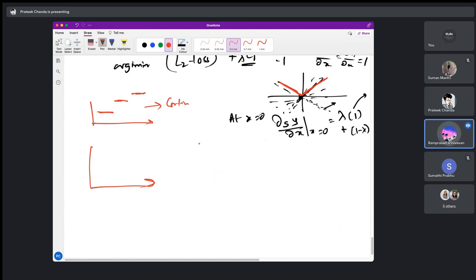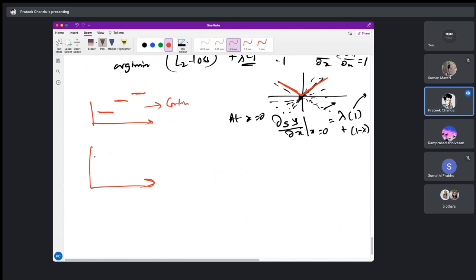No, I'm just asking that the slope is changing from a negative side to a positive side. So it essentially means that at the point x equals 0 you make it 0, and it just smoothens out locally. Yes, exactly, that's true.